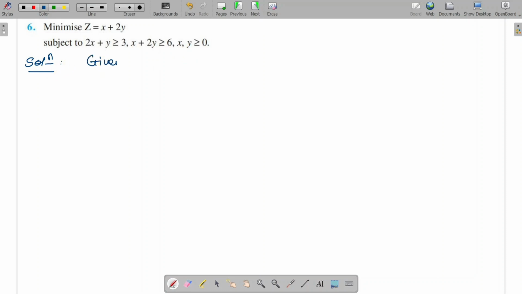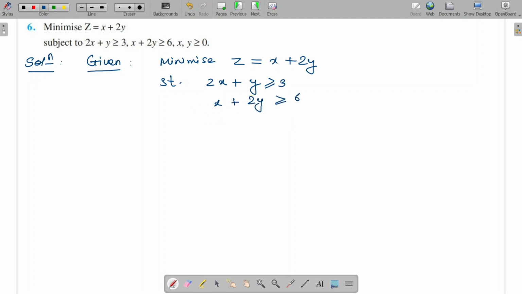Given is: minimize z equal to x plus 2y, subject to 2x plus y greater than or equal to 3, then x plus 2y greater than or equal to 6, and x, y greater than or equal to 0.